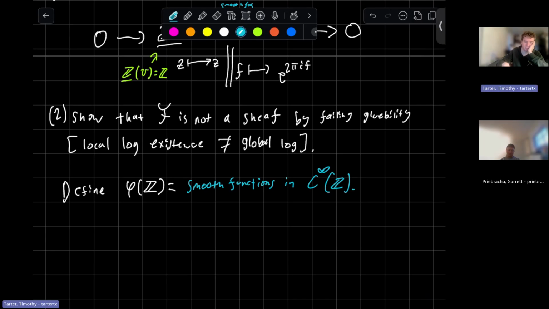It's not differentiable. So I guess this is equals empty set.